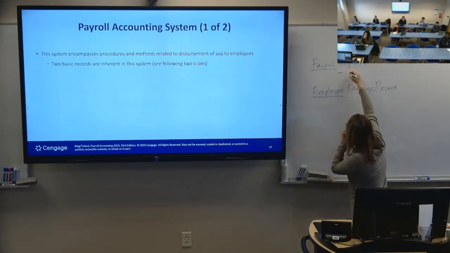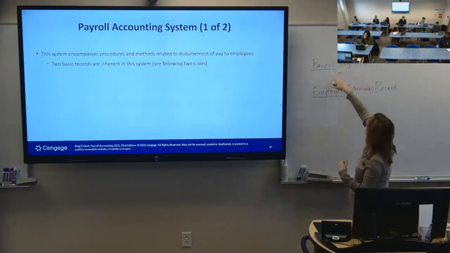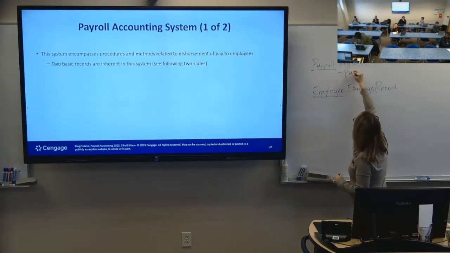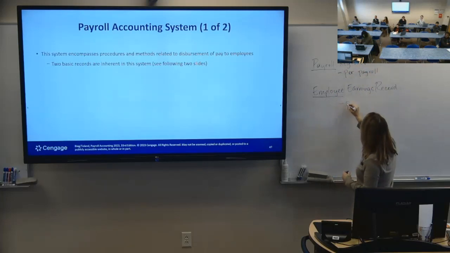Okay, so that is the record that is, and this is a cumulative report. So this one, we get an individual payroll register for each payroll, so per payroll. This is per employee, and this is cumulative.